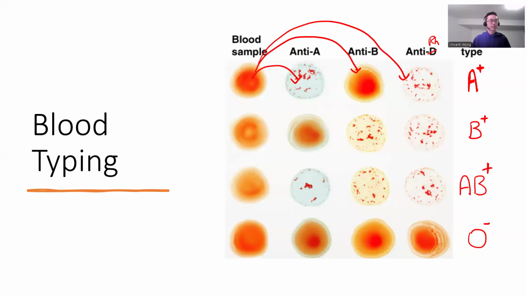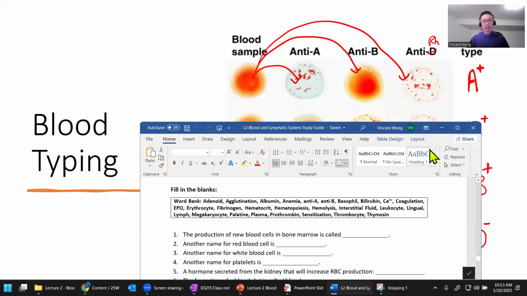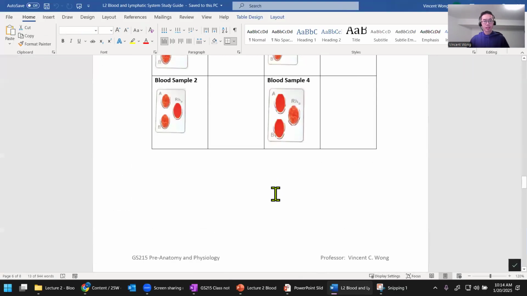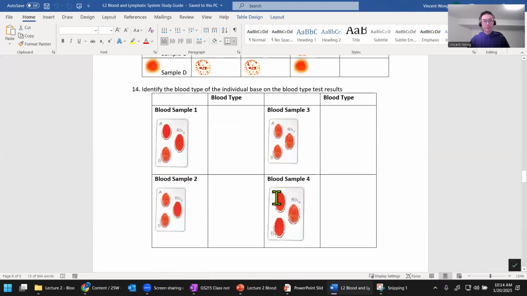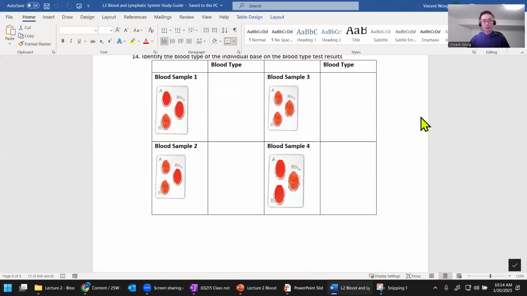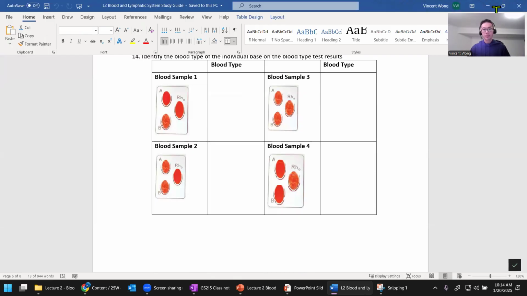Any questions? Okay, there is more practice in the study guide. I hope you guys are working through them. Look, more practice, and then check the answers when you're done.